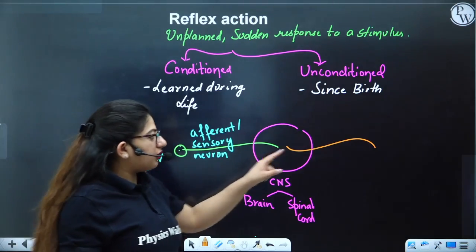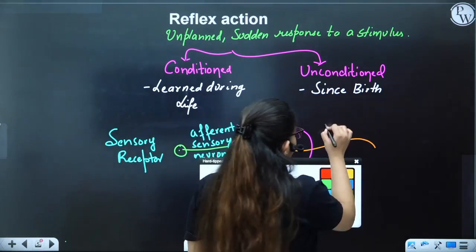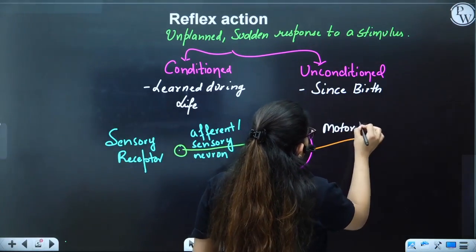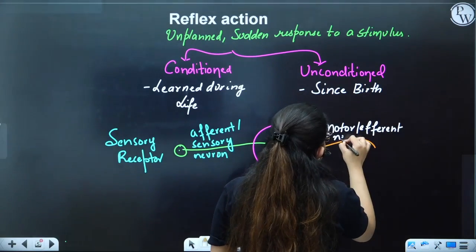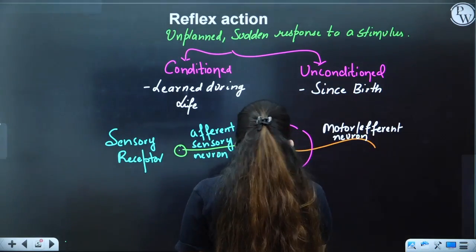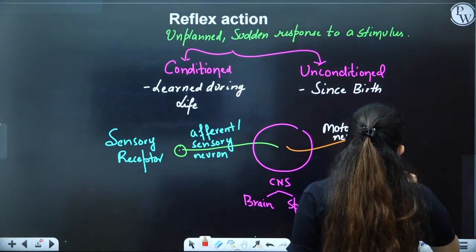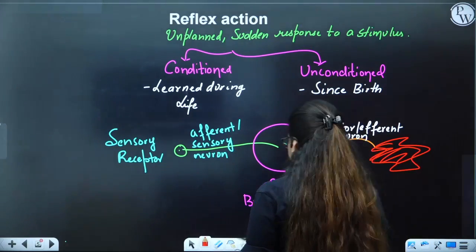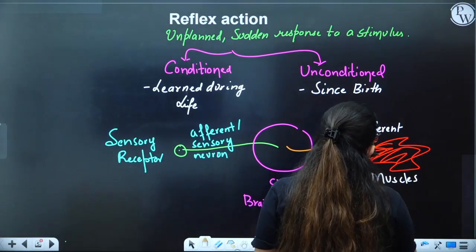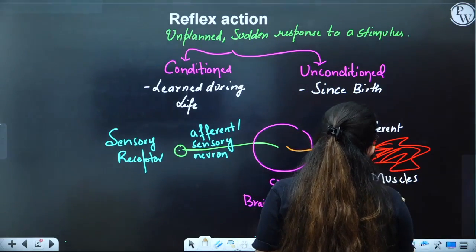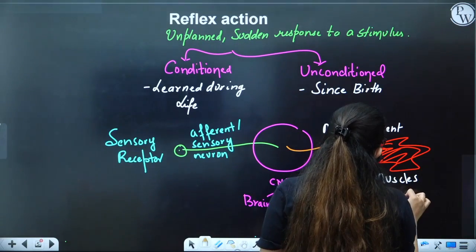So here the information, with the help of motor neuron or efferent neuron or nerve fibers, will be sent to your organs, and these organs can be anything. These organs can be your muscles, both smooth and skeletal, as well as your visceral organs.